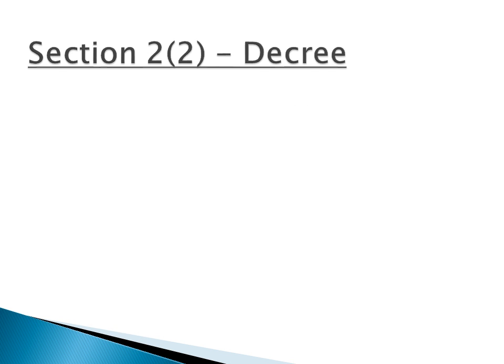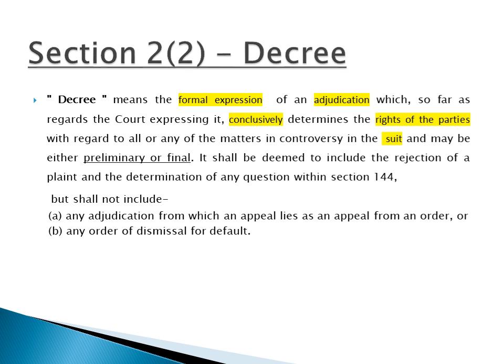Thus, High Court are allowed to modify the rules as per circumstances. Clause 2 of Section 2 of the Code of Civil Procedure define decree. The section provides decree means the formal expression of an adjudication which, so far as regards the court expressing it, conclusively determines the rights of the parties with regard to all or any of the matters in controversy in the suit, and may be either preliminary or final.